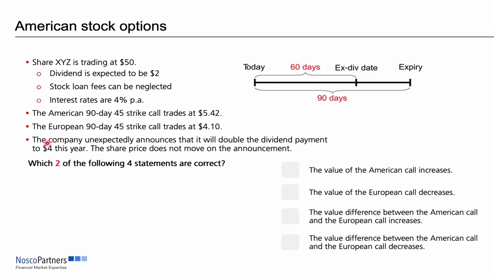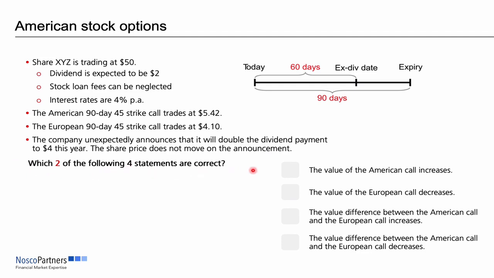And now the question. The company unexpectedly announces that it would double the dividend payment to $4 this year. The share price does not move on that announcement. Question: which two of the following four statements are correct?